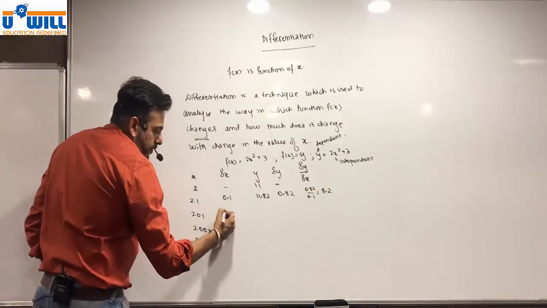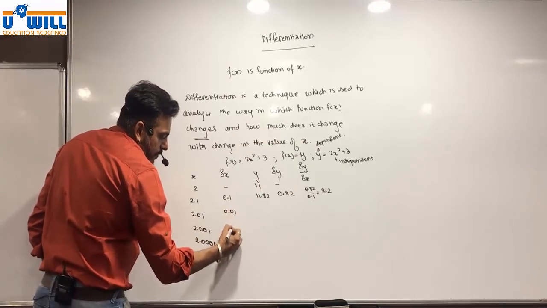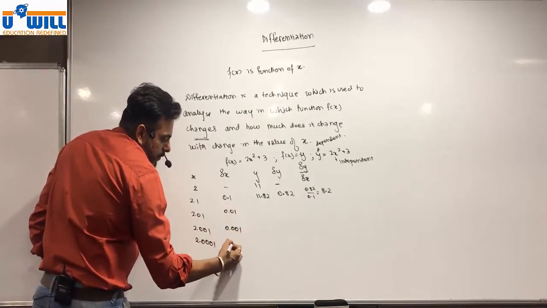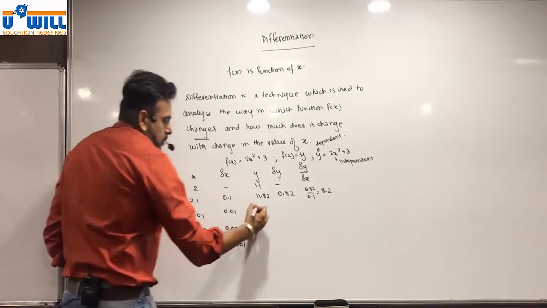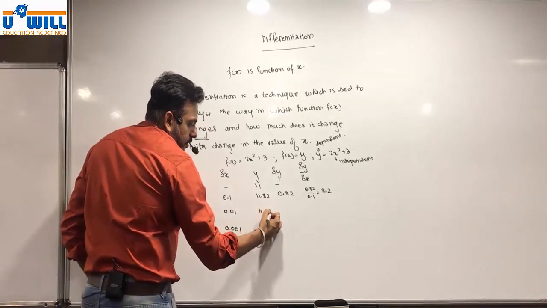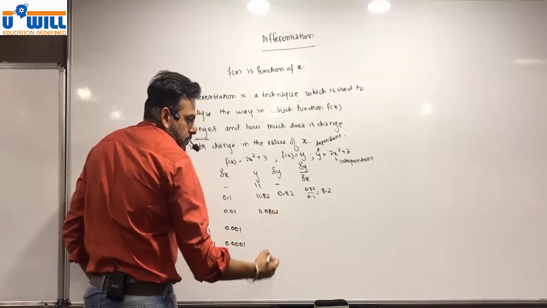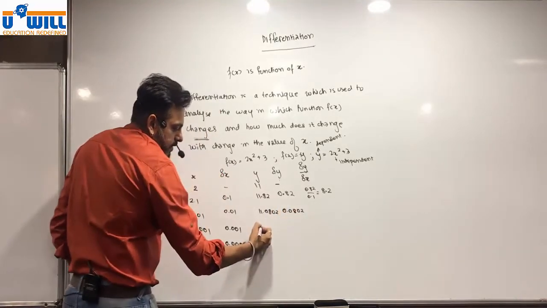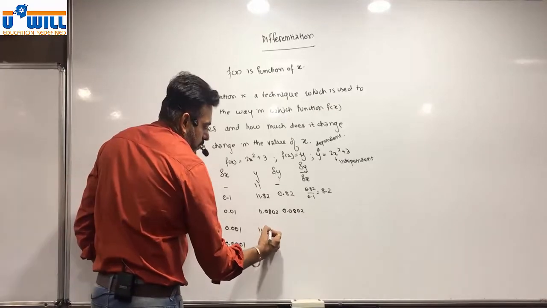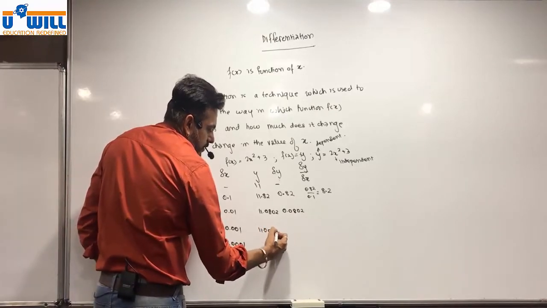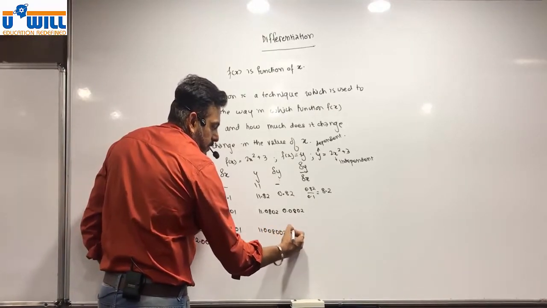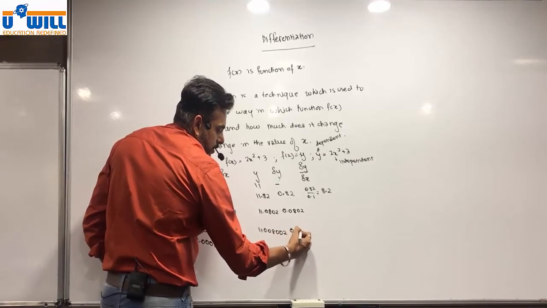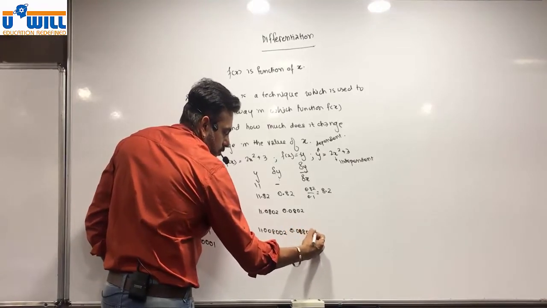Over here 0.01, 0.001, 0.0001. Over here 11.0802, 0.0802, then 11.008002. So difference is 0.008002.